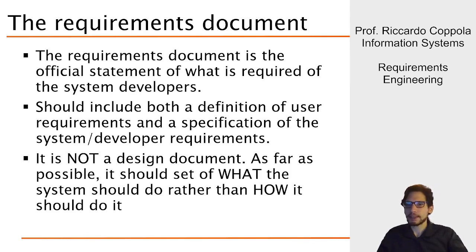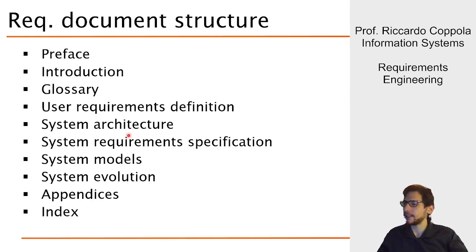There are some standards, this time not by ISO but by IEEE, and there is a template for the requirements document structure that was defined a long time ago. Actually, there is a more complex one from 2011.